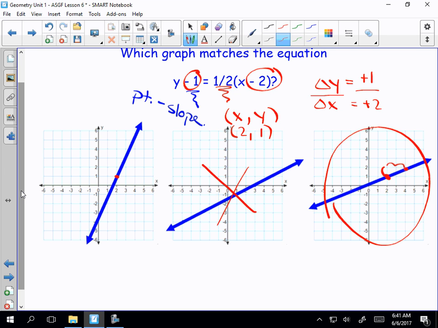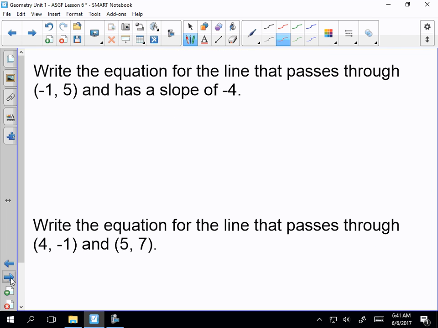And then we found our winning graph right there. If we look at this one, it's a +2 for the y value over 1 for the x. Okay, so this slope does not match; the point value matched, but the slope did not match.